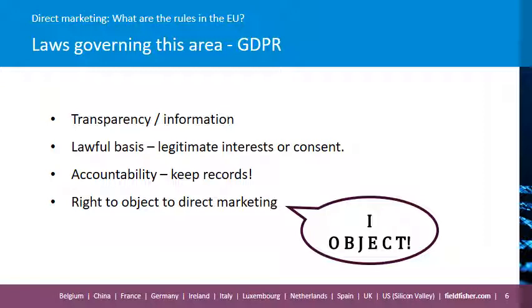Now, it's important to note that the right to object to direct marketing is an absolute right, which means that once someone exercises their right to object to direct marketing, the controller has to comply with it. So there's no ability to argue that you have overriding interests to continue to market to someone once an individual has exercised that right to object.